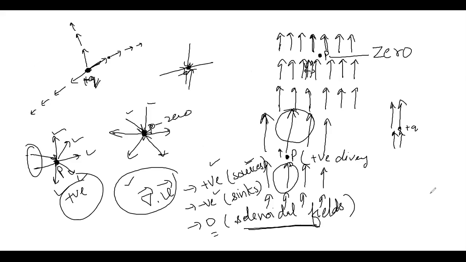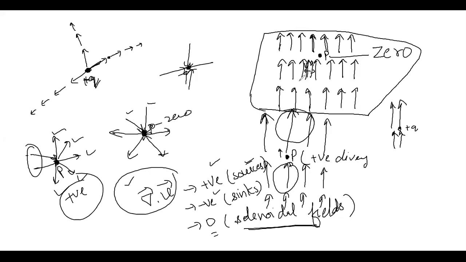Let's take this example first, where all the arrows are of the same size and we said the divergence is zero. If all the arrows are of the same size, then you're saying that your field is of constant magnitude in this region. Now, if you are given this kind of vector, imagine placing a paper boat on it.